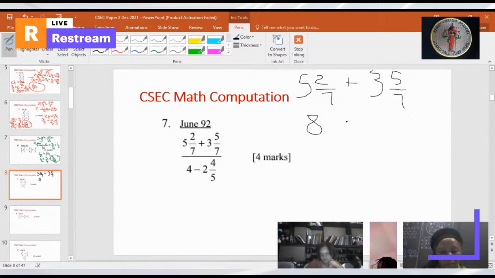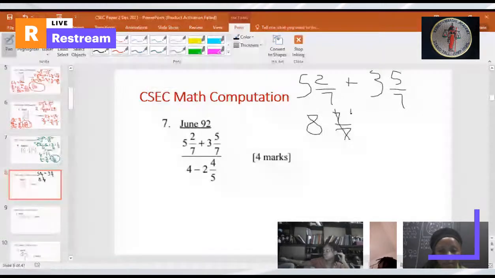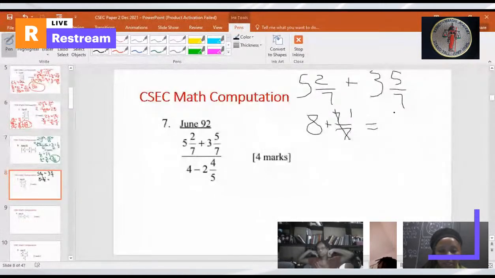They are both over 7, so 7 over 7. Right, so we don't even need to find any denominator. So we know that this cancels to give 1 whole, right? Yes, miss. So it's 8 and 1 whole. So we get what? 9. Okay. So in the numerator, we have 9.